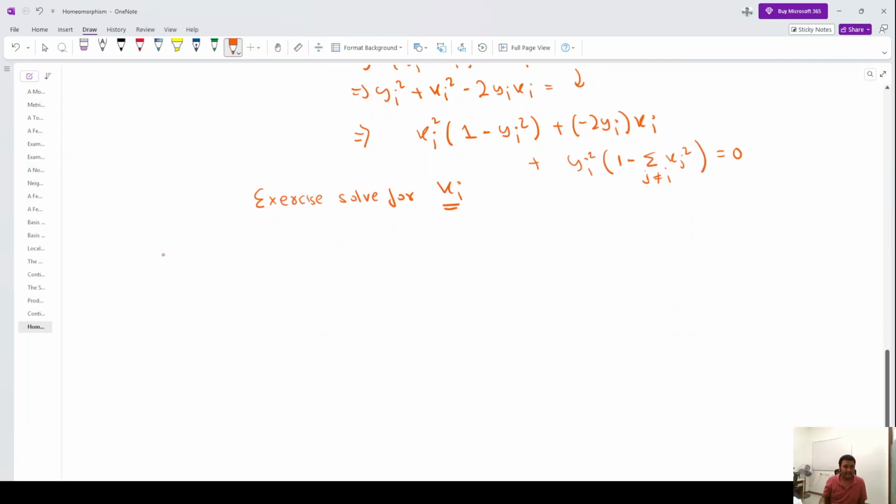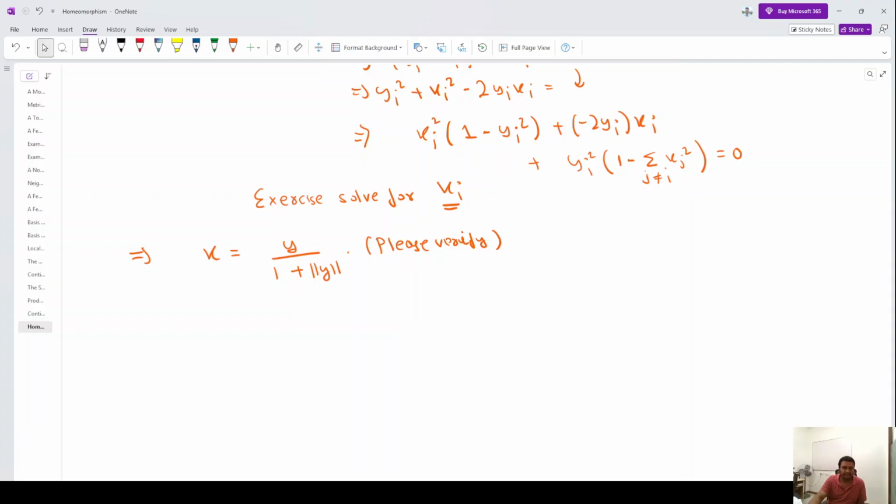So what you will get finally, when you club everything together, is that x is nothing but y divided by 1 plus norm y. Please verify. That's what you are going to get finally.